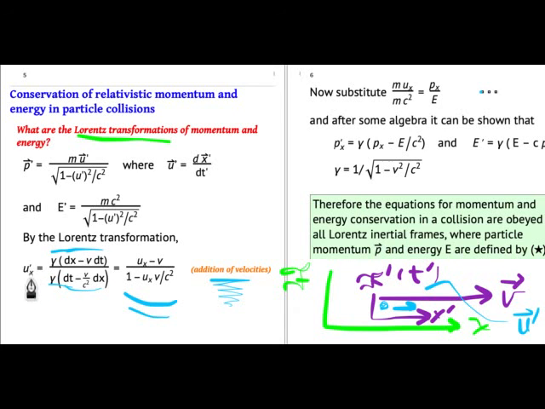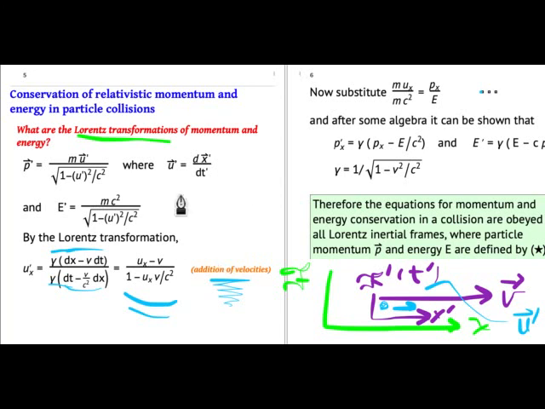This gives me the transformation of velocities, but I can get the transformations of momenta by replacing the velocity. Really, u is pc squared over E. All right, well, put that in here.